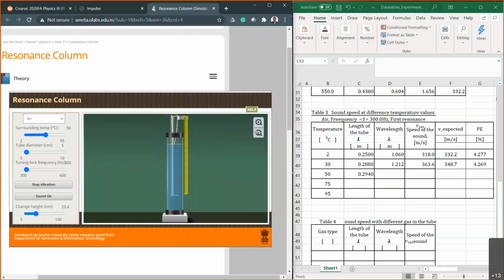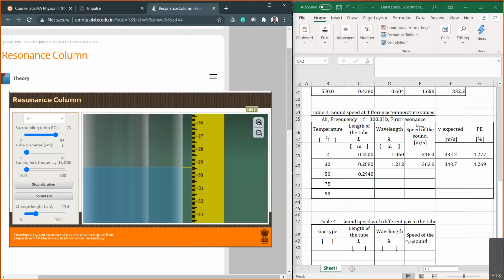And then let's do 75. 75, sound on. Bring the tube up. Sound off. Measure the length.